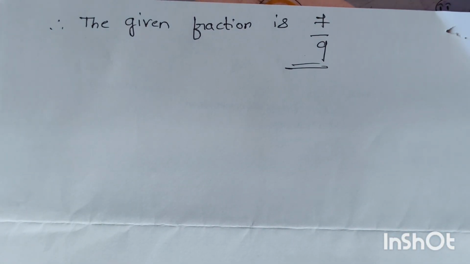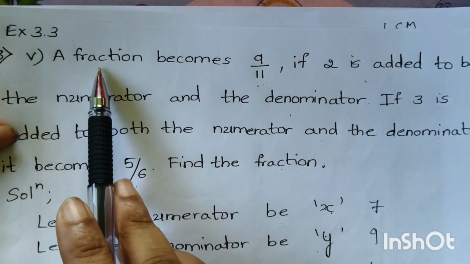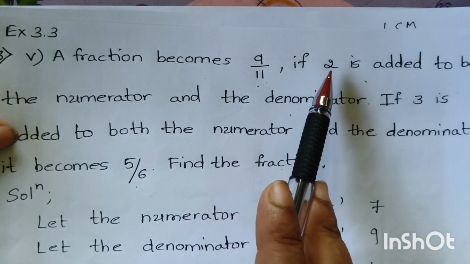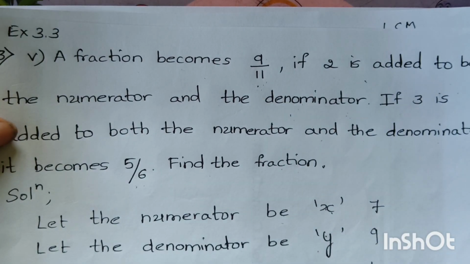Now let us do the verification. But there is no need to do the verification in your exams. It is only for your better understanding of the problem. In the question, what did they tell you? A fraction becomes 9 by 11 if 2 is added to both the numerator and the denominator, right?